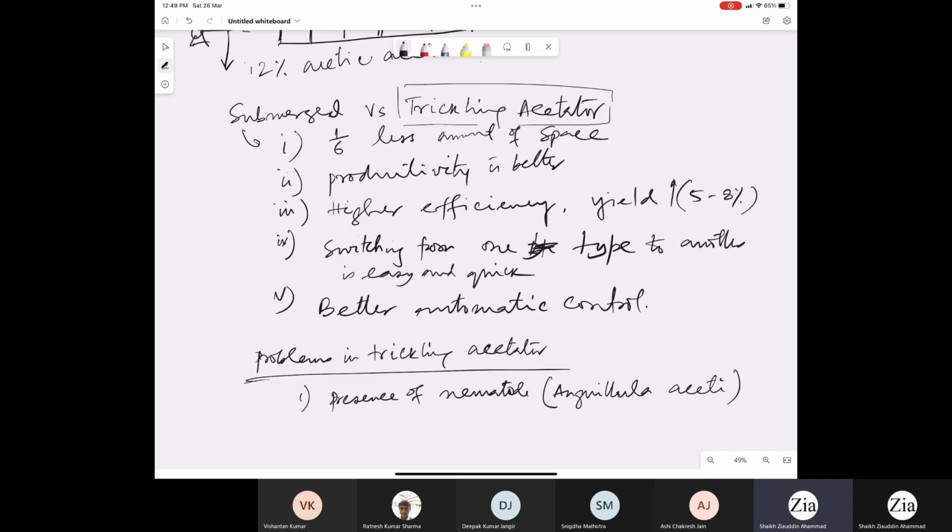So the presence of nematode is actually not very good because they will create a problem with the flavor as well as the taste of the vinegar, because this organism will grow in the same environment. They're also known as vinegar eel.